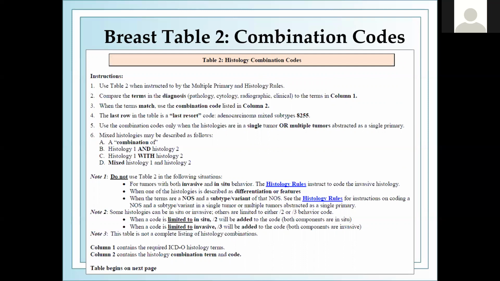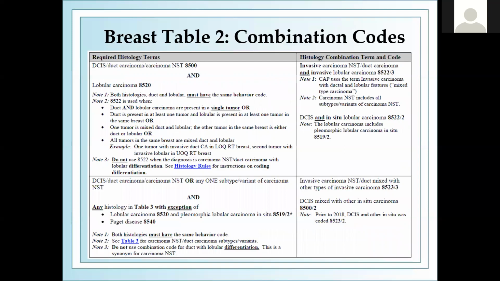These instructions are essential to using the tables correctly. Here is a portion of Table 2. The first column lists the histology terms that are required in order to assign the combination code. So you look at column 1, and then column 2 tells you what to do.